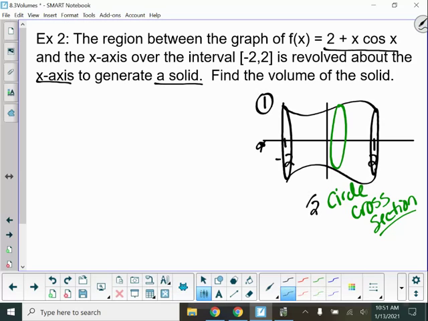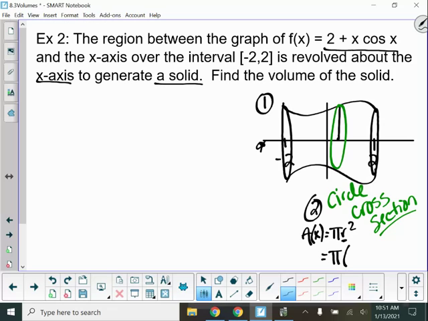Step 2, I know I'm going to have a circle cross section, but I also have to come up with the formula for that. So the formula is going to be pi r squared, but my r is going to represent the height there. From the x-axis to the curve, that's going to be the equation that I have.